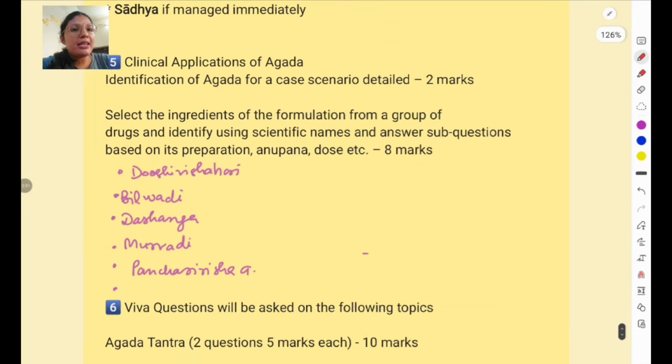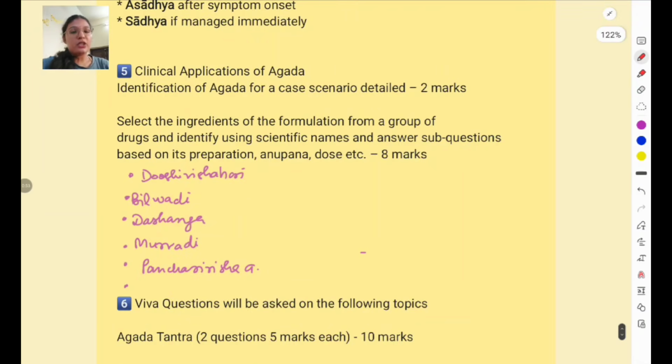The fifth heading is the clinical application of Agada. In our syllabus these are the 5 main Agadas mentioned: Dushivishari, Vilvadi, Dashanga, Murvadi and Panchashirisha. First, you have to identify the Agada you will select for a particular case scenario, which constitutes 2 marks. Or the ingredients may be given, and they will ask which Agada has this specific ingredient.